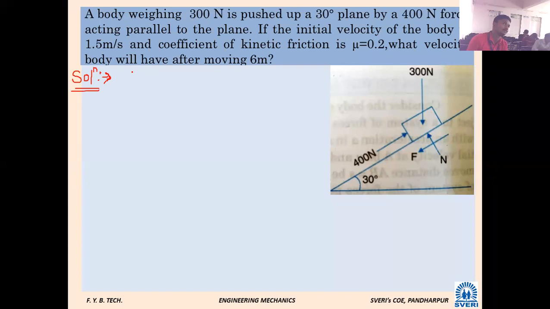Body or block. Just check, are you able to solve? First, think for a while and just check. Can we solve this?